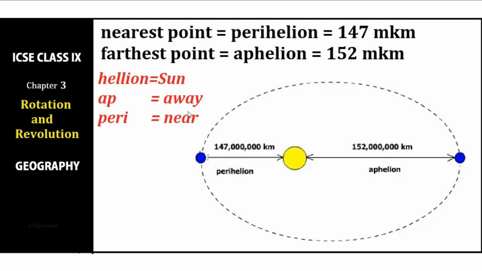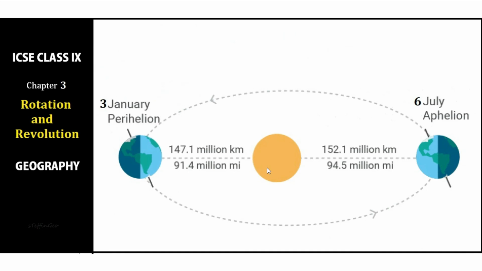You can take the first letter: aphelion, A stands for away. So the other one is perihelion. Perihelion means the nearest point of Earth to the Sun, and the farthest point is called aphelion. Usually perihelion happens on 3rd January, and aphelion on 6th July.